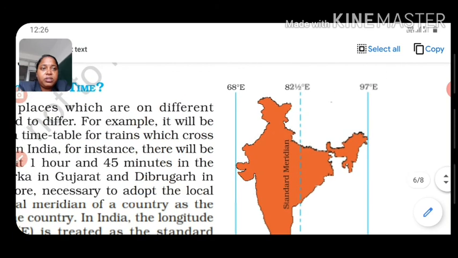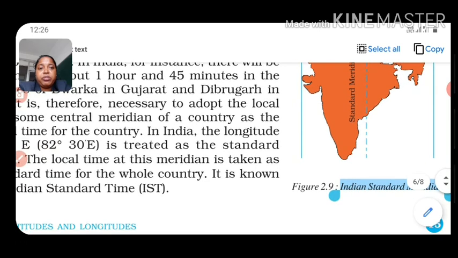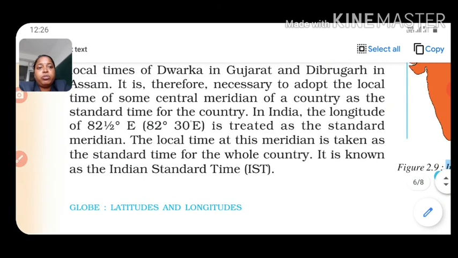It has 82 and a half degree east, which is shown as the standard Indian time. Write down in your notebooks: the local time at this meridian is taken as the standard time for the whole country, which for India is known as the Indian Standard Time.